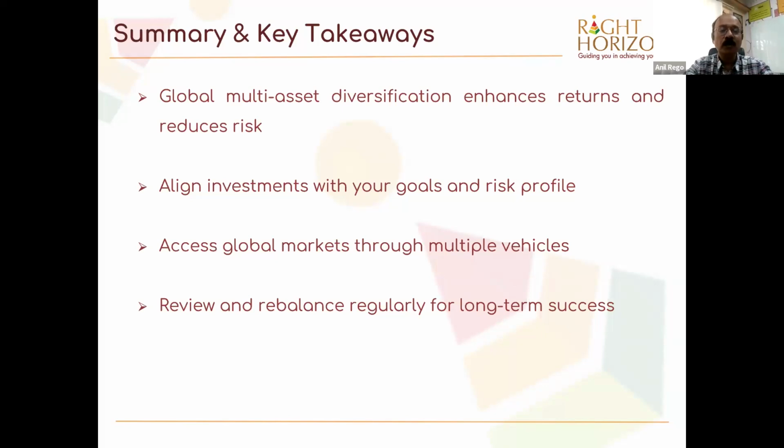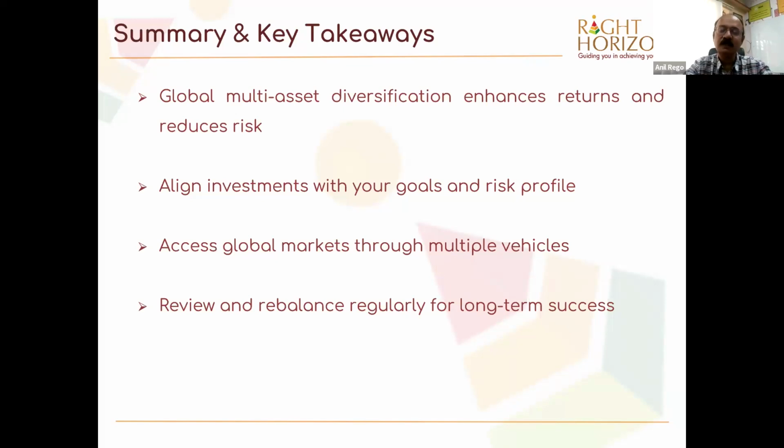You need to look at it, align it with your goals and your risk profile. If there are some considerations that require you to have more assets globally, like planning for your child's education, then it is something that you can do or you should do. And you also look at multiple vehicles or multiple asset classes, so that you are diversified and you're not putting all your eggs in one basket.